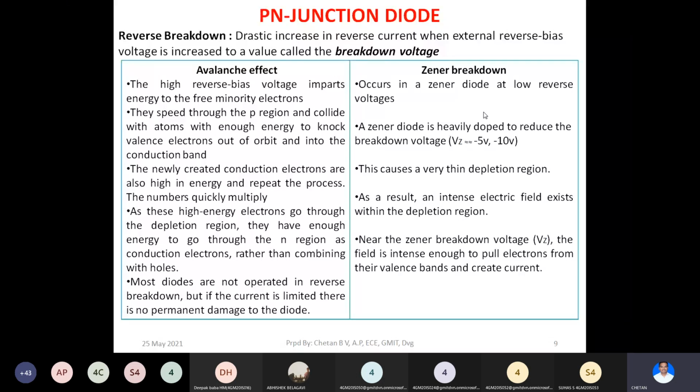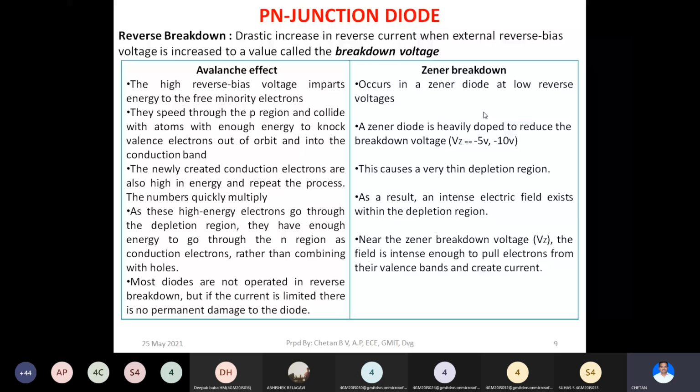Due to this small width of the depletion region, even if you apply 5 volt or 10 volt, the voltage will be sufficient to produce an electric field which will immediately release the valence electrons from the outermost shell and bring them to the conduction band, which will lead to a high flow of current in the reverse direction.